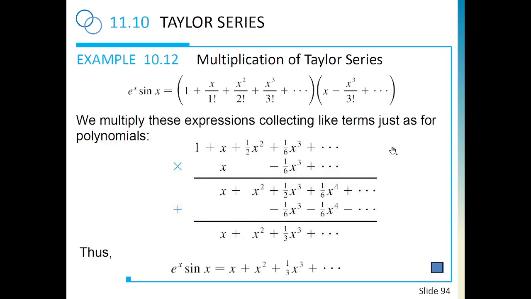Again, we are not going to use this. Really, this is just an illustration of how to do it. So basically you pretend that these are polynomials, so it's not like infinite series. We pretend that they are polynomials, and then we multiply the terms and then we add them. So it's a little bit long and tedious in order to get an idea of the shape of the resulting series.